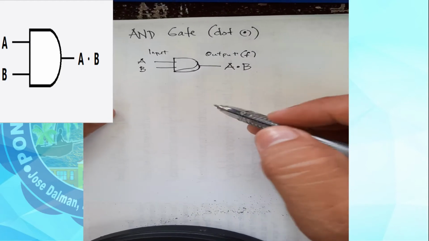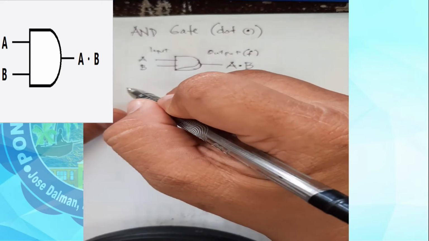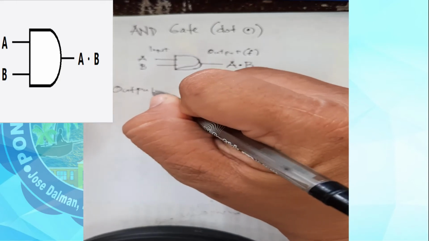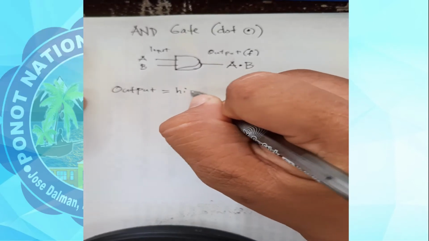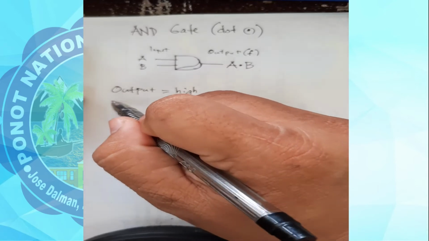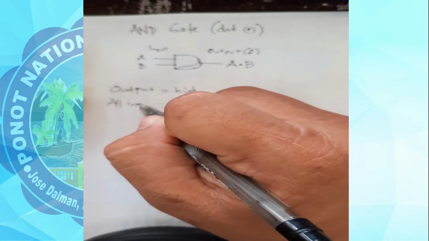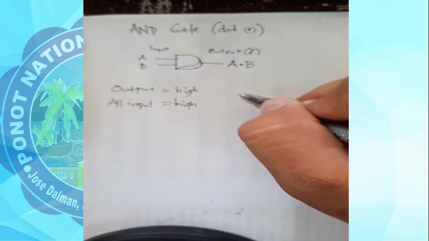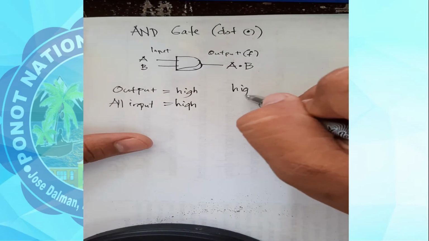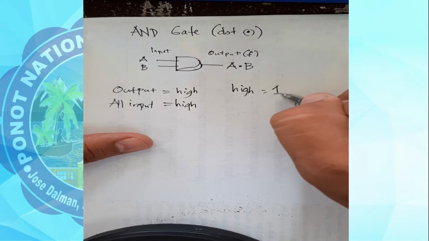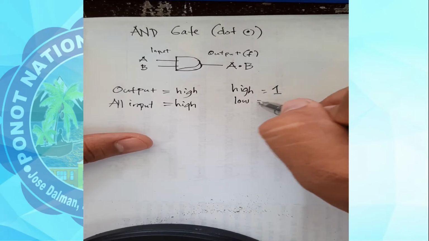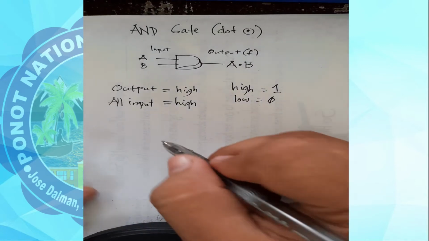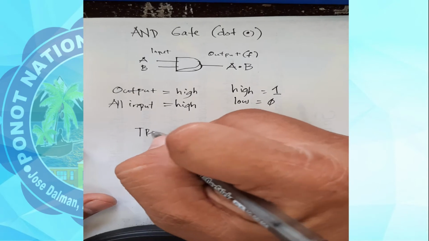In an AND gate, your output is high when both inputs are high. What is high? High means logic 1. When low, that is logic 0. Let us use a truth table for this one.